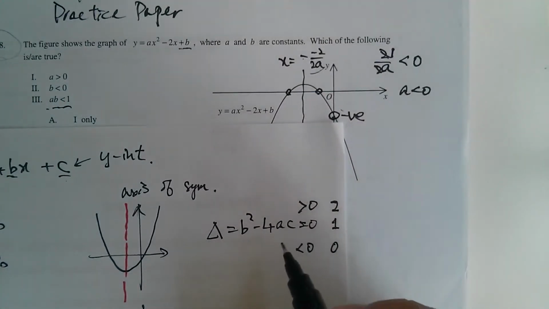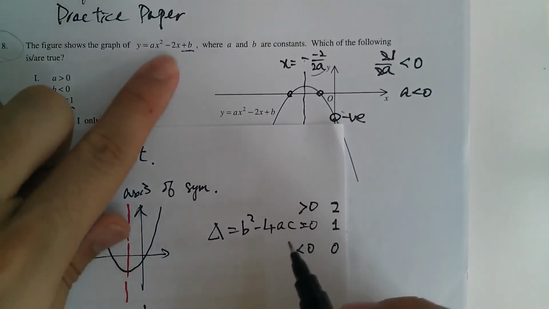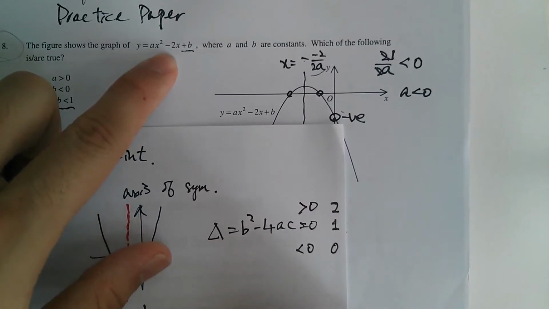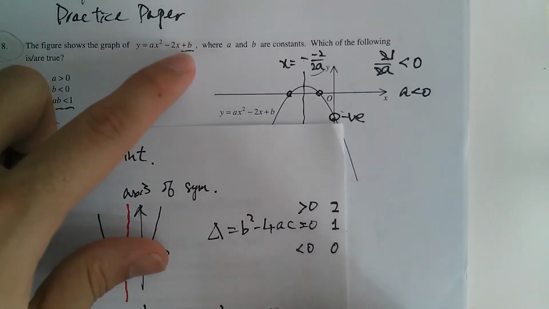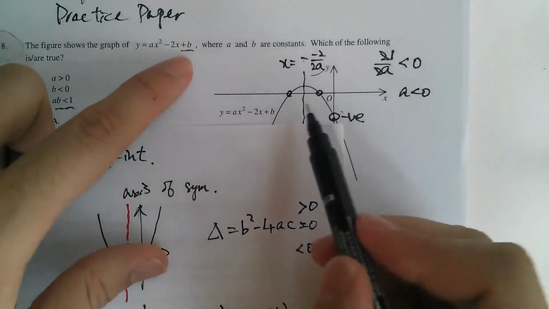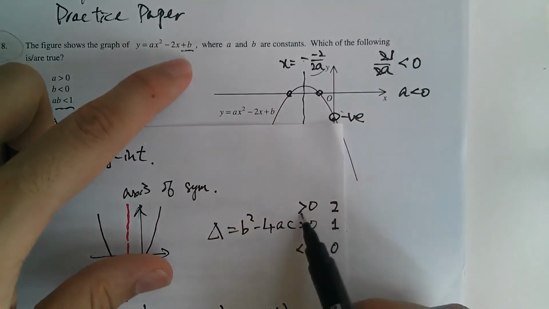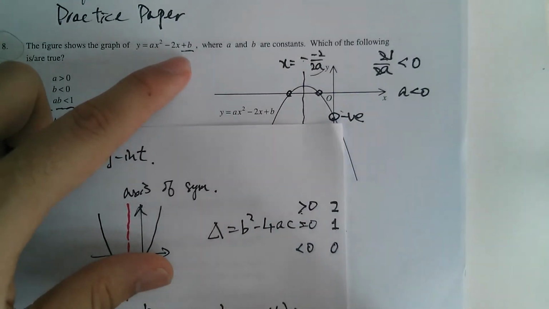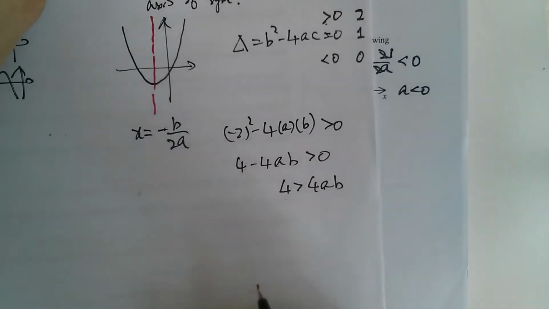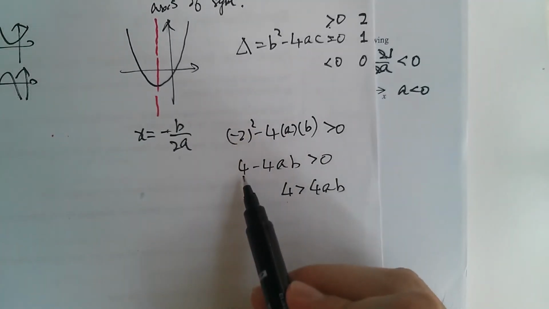So let's take a look at this. Negative b squared, b is negative 2, minus 4 times a, a is a, c is b. This time we have 2 x-intercepts, so it's bigger than 0. Negative 2 squared is 4, minus 4ab, bigger than 0.